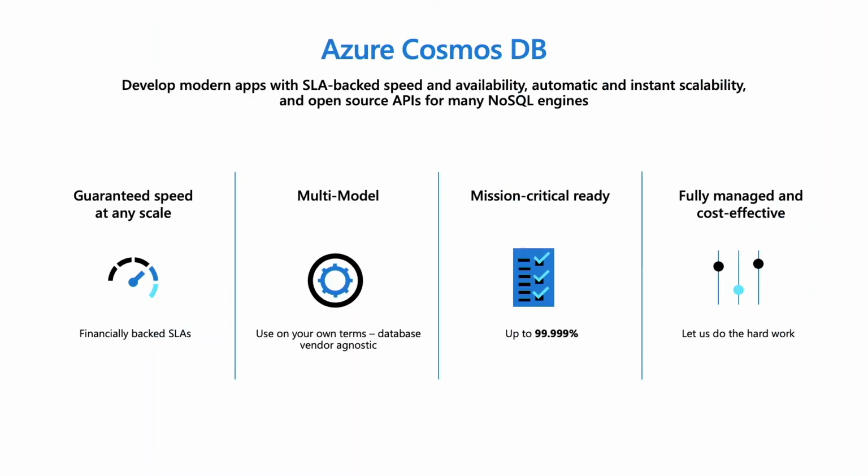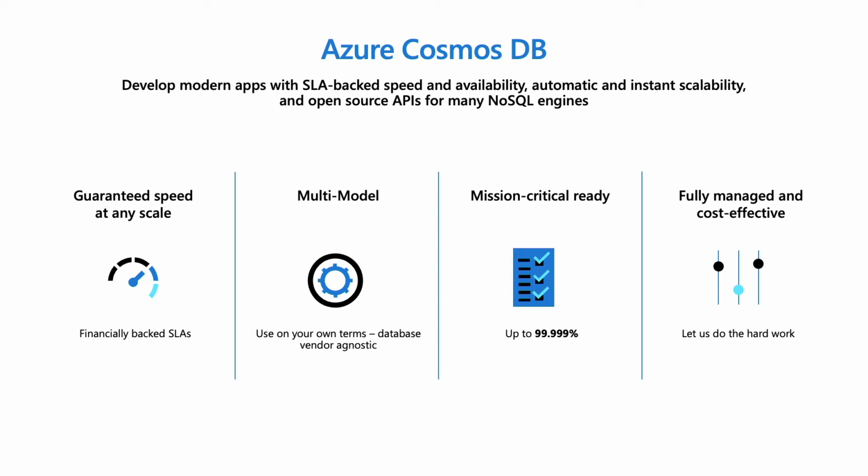Another cool thing is that as a developer, I've worked with different databases in the past, and I really want to be able to transfer those skills to the new databases I use so I don't have to relearn skills over and over again. Cosmos DB is a multi-model database, meaning that you can utilize different database APIs that you've come into contact with before and use them with Azure Cosmos DB and not have to relearn a whole new way of accessing your database.